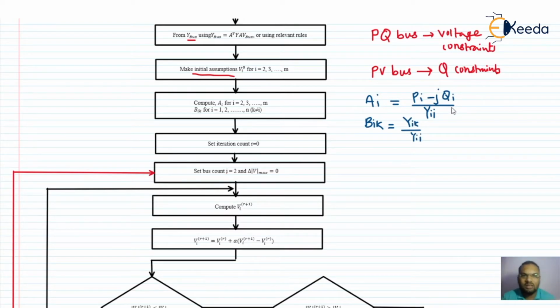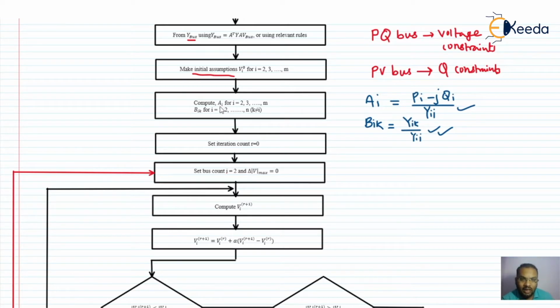These are fixed values, because the real power and reactive power on the PQ bus are not going to change. Of course, in all cases, whether it is a PQ bus or a PV bus, this will be constant in both cases.